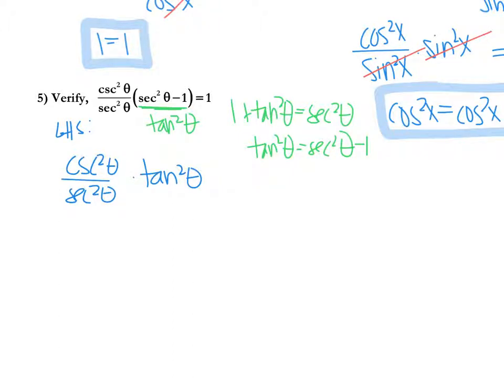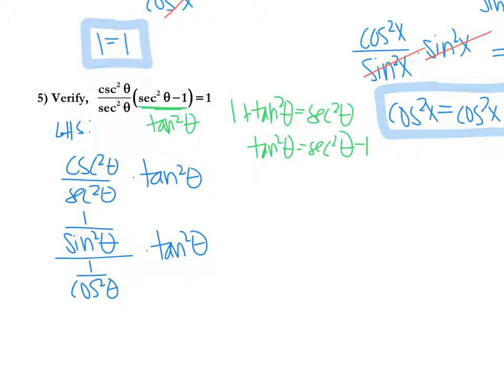Okay, and then reciprocal identities from yesterday. Okay, and then when you divide fractions, you multiply by the reciprocal. And then the next step, I'm going to change tangent squared also using the quotient identities from yesterday.